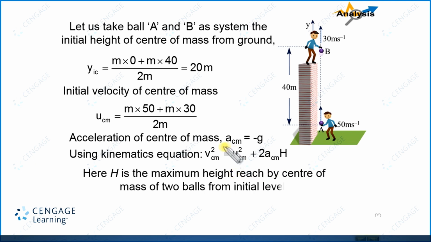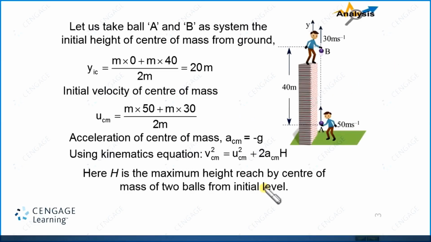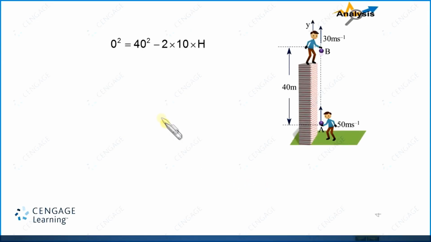So let us substitute the values. V CM should be 0 and U CM, if we calculate, is 50 plus 30, 80, divided by 2, since m and m get cancelled. So this is 40 meter per second. Let us substitute the value in this formula.